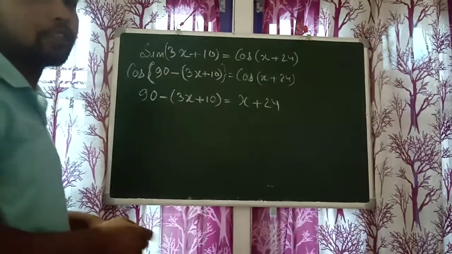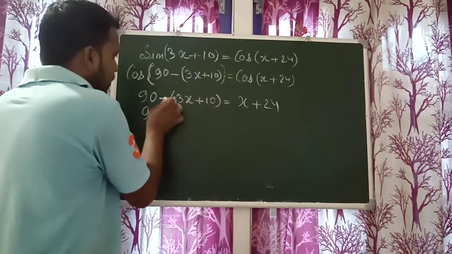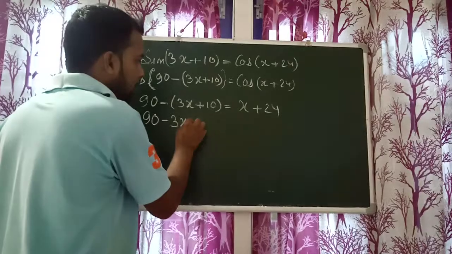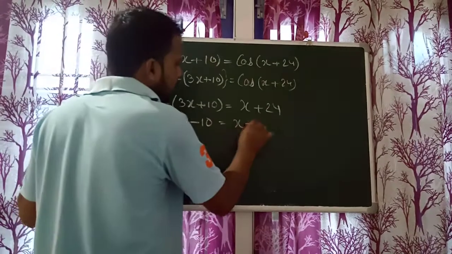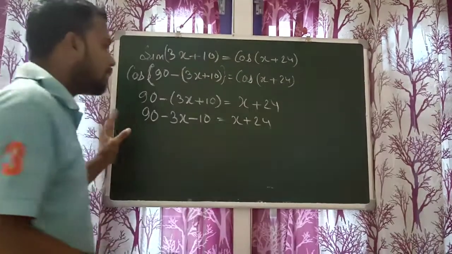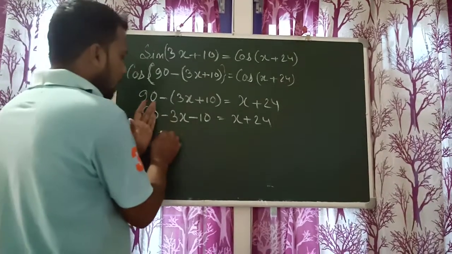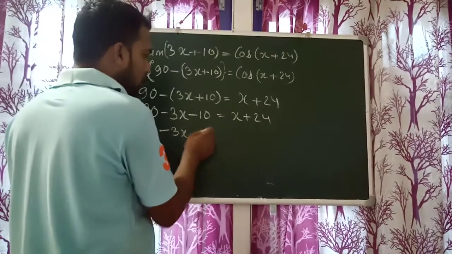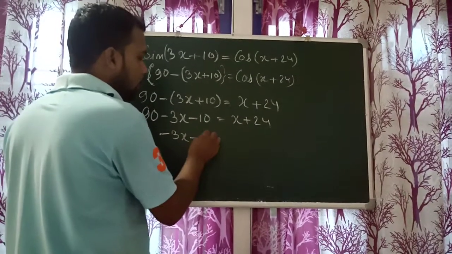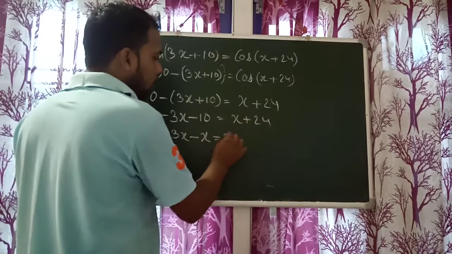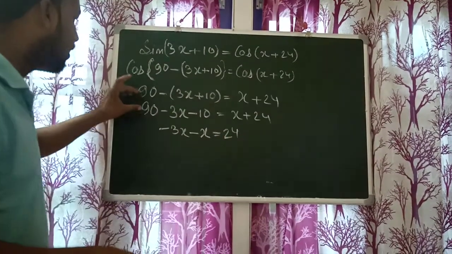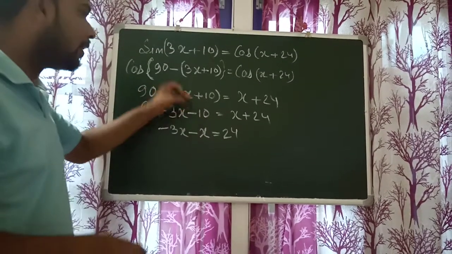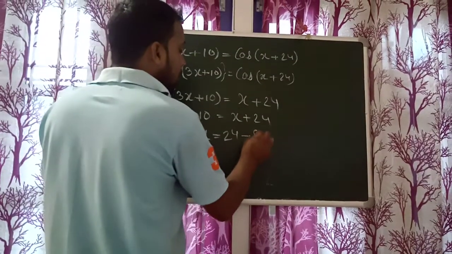If there is plus then it will become minus. 90 here, plus into minus became minus 3x, plus into minus became minus 10, is equal to x plus 24. Minus 3x is here with the variable, then this one is also with the variable, no sign, that means plus; when it will come this side it will become minus, is equal to 24 here. Then here 90 minus 10 is equal to 80; when 80 goes that side it will become minus 80.